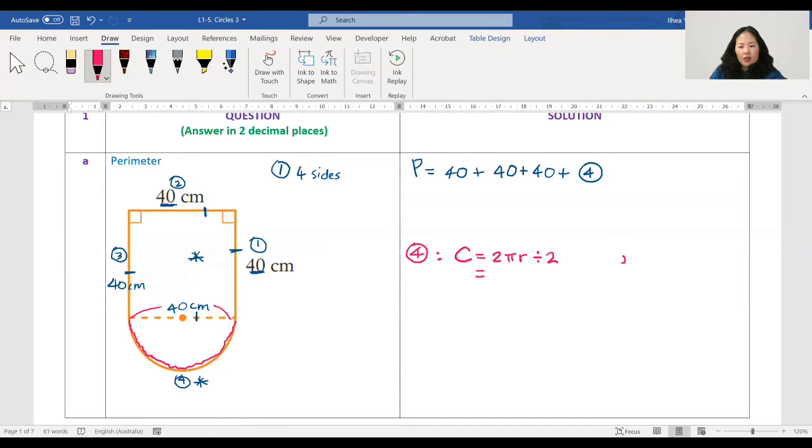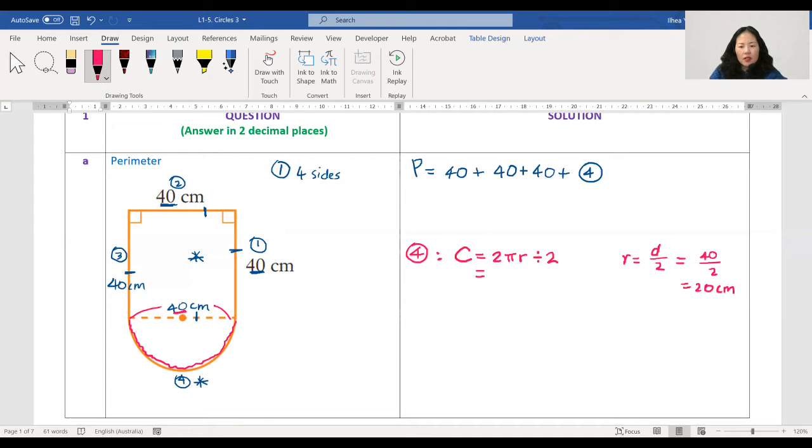Now, before I do that, I need to know what the radius is. Now, diameter is 40 centimeters here, and radius is half of the diameter, divided by 2. So diameter is 40, and I'm going to halve it. So that will be my radius, which is 20 centimeters.